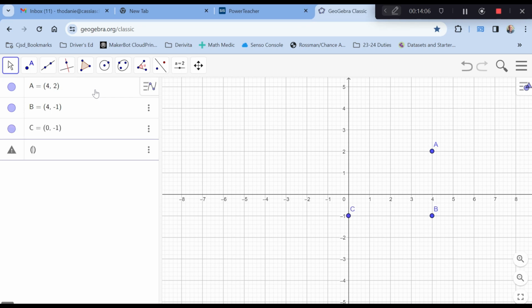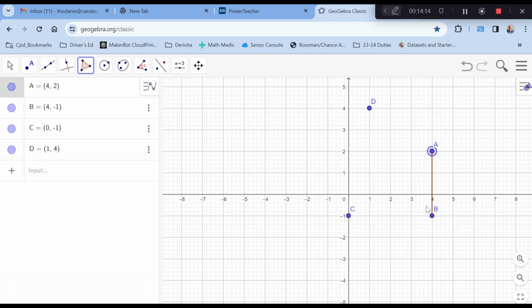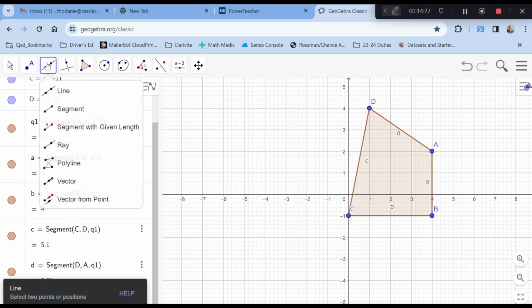Maybe someday you're in college and you're going, yeah, I wish I had some of those tools. Geogebra is a great free tool. Yeah, Classic, I like that version, but there's a lot of different ones that are okay.